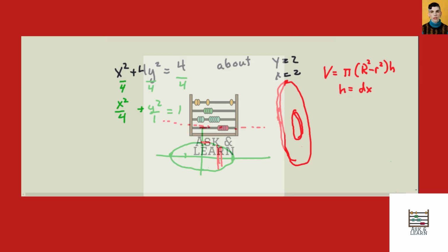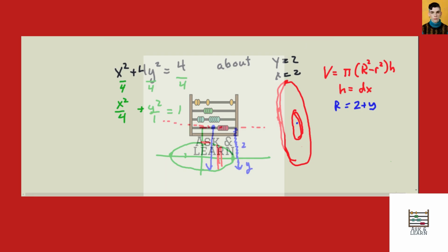Then big R is the distance from the center to the outside of the washer. We know that from here to here is 2, and then from the x-axis to the outside here is some y value. So big R is 2 plus y.